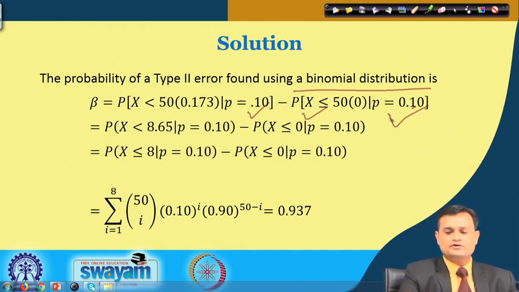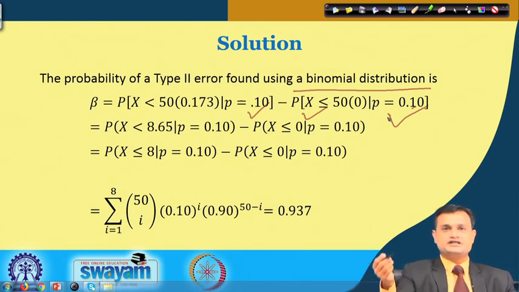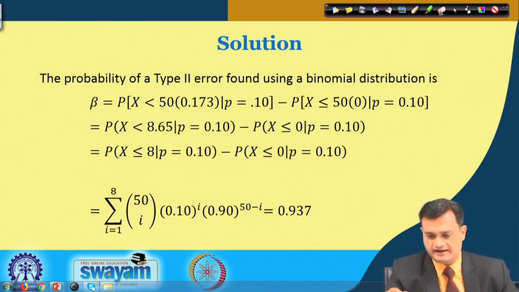Now, when you use the binomial distribution, you can plug in the values in the binomial distribution equation, or you can refer to the binomial distribution table. So, both ways are okay, and you can find the probability, that is 0.937. So, this is what you have determined.